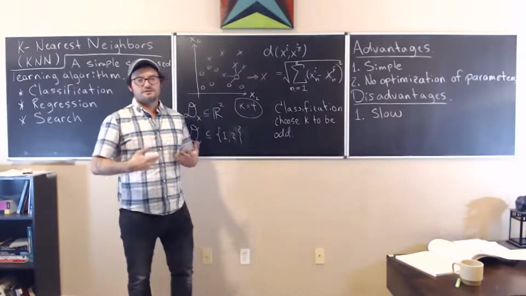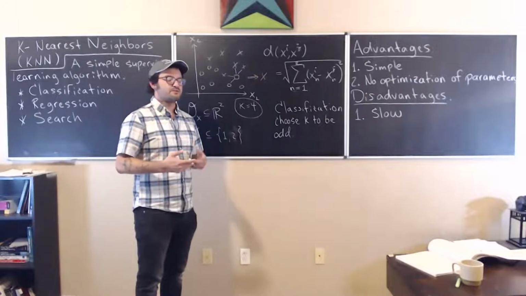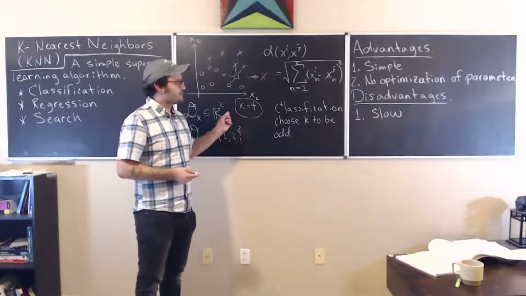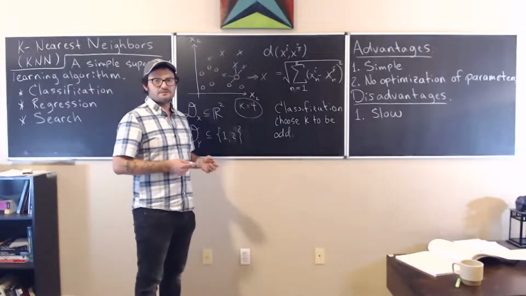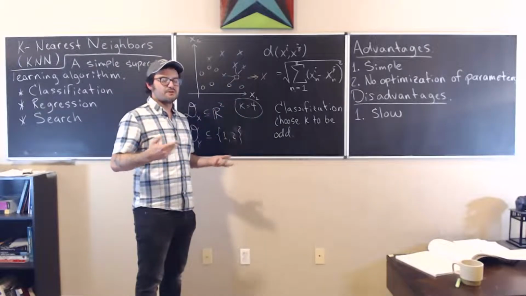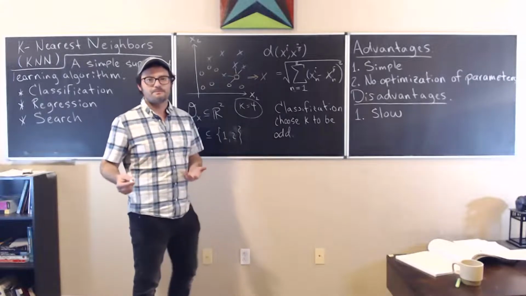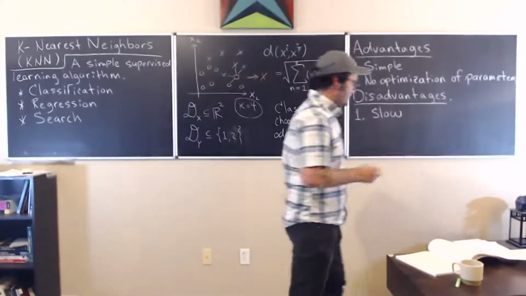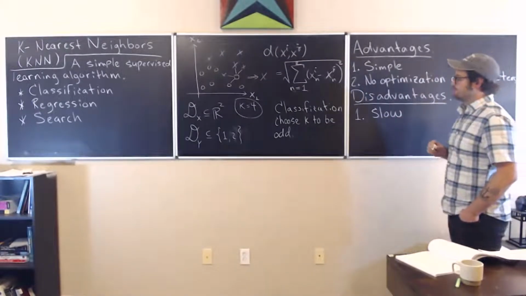So it can be computationally slow. If you have to calculate the distance between this point and every single other point, just imagine doing that 1,000,000 times, or even higher, right? That's the main disadvantage of KNN.